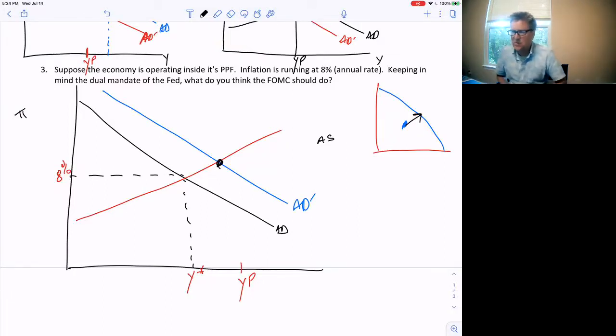Now that inflation may move up to 8% or 9%. This is a difficult situation for the Fed to be in. Having high inflation with the economy not doing very well is referred to as stagflation. A stagnant economy with inflation going on.